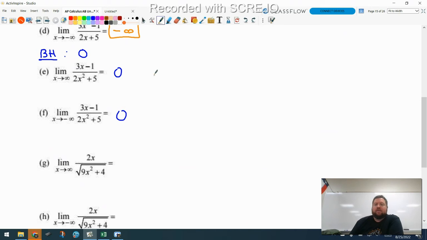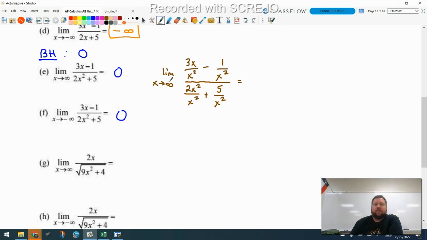If we divide by the highest power in the denominator, we get the limit as x approaches infinity of 3x over x squared minus 1 over x squared, divided by 2x squared over x squared plus 5 over x squared.